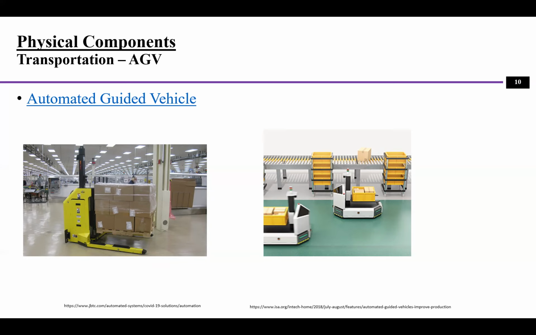For example, you can use AI to program it, or you can use developed paths. Sometimes you can see tapes on the shop floor, and the AGV just follows the paths. So that's AGV. It's been very widely used in production companies now.